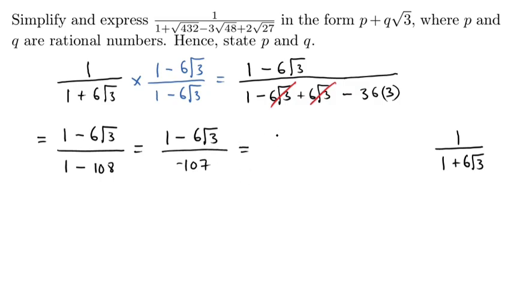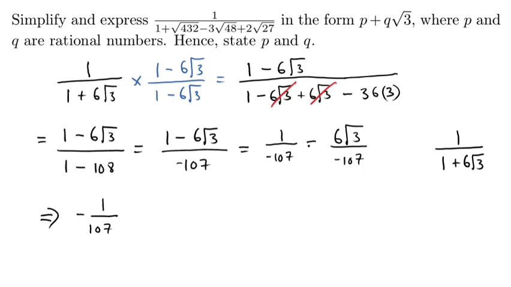So this will look something like this. 1 divided by negative 107 minus 6 root 3 divided by negative 107. So this implies that the first part is negative 1 over 107. The second part, we have a negative and a negative there, so it will become positive 6 over 107, the root of 3. Just write it like this. It's not a denominator, but it's multiplying everything.